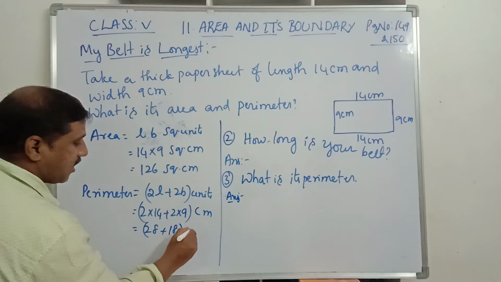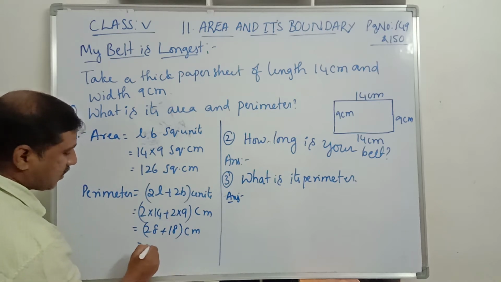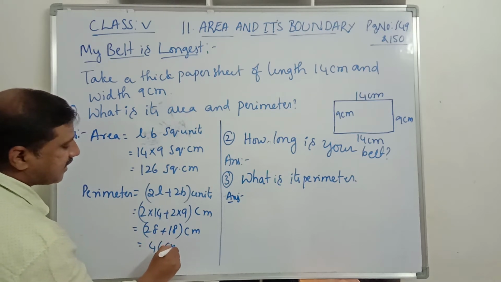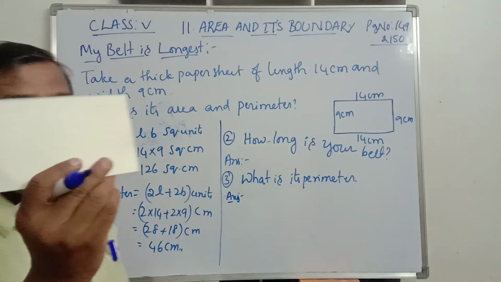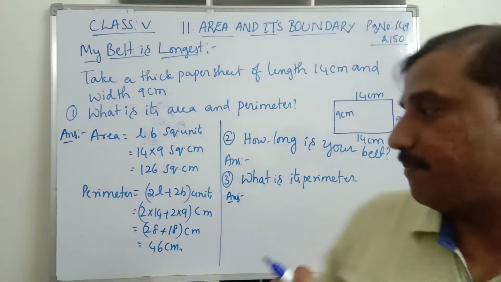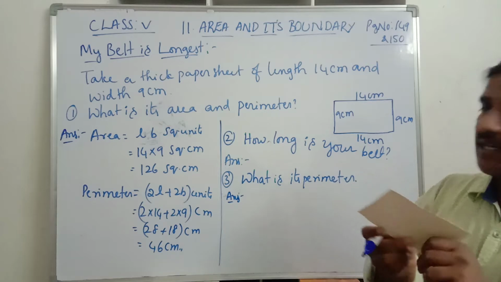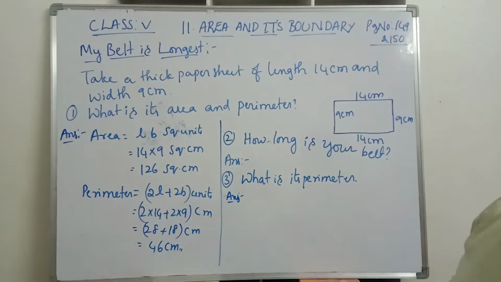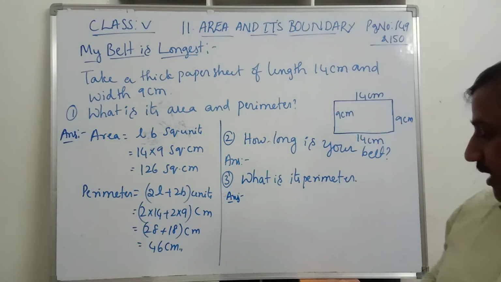So 28 plus 18 is 46 centimeters. 46 centimeters is the perimeter of this paper strip.